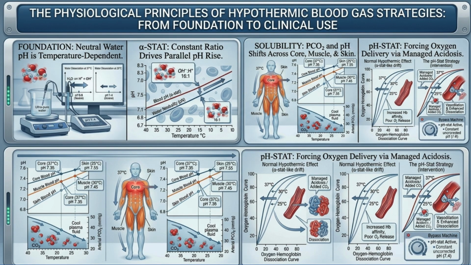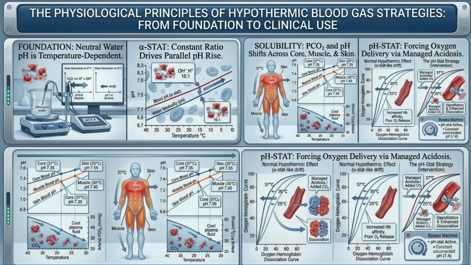Let's bring everything together. As temperature falls, the neutrality point of water rises, and blood pH rises along with it. Carbon dioxide becomes more soluble, causing the partial pressure of carbon dioxide to fall. The oxyhemoglobin dissociation curve shifts to the left. Alpha-stat accepts these natural changes.